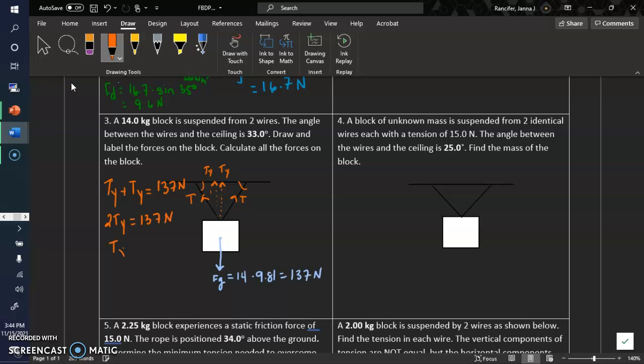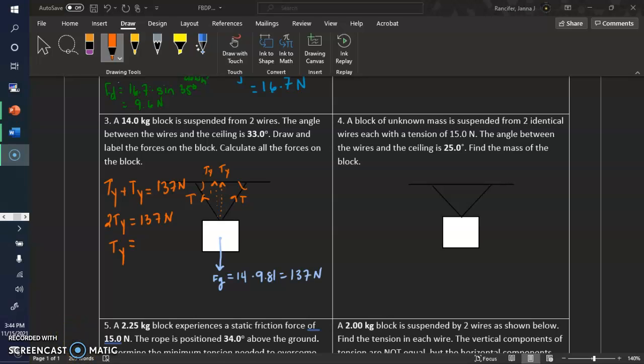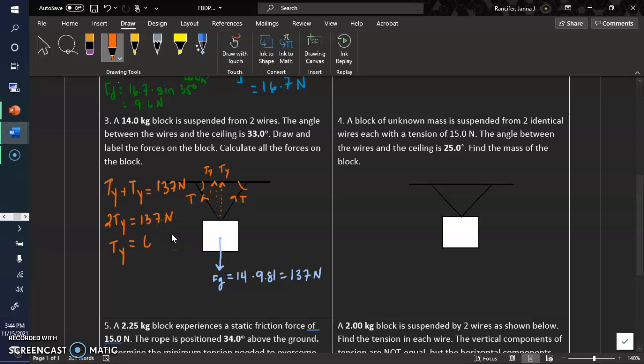So the vertical component of the tension is 137 over 2. That happens to be 68.5 newtons. All right, now we're ready to get our hypotenuse, or the total tension in the wires.